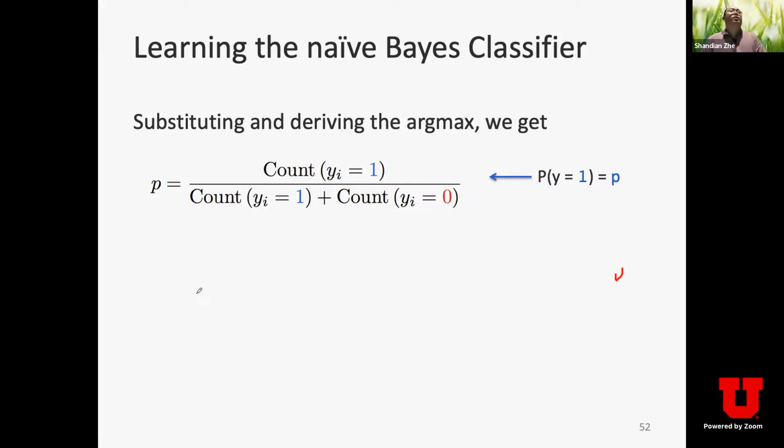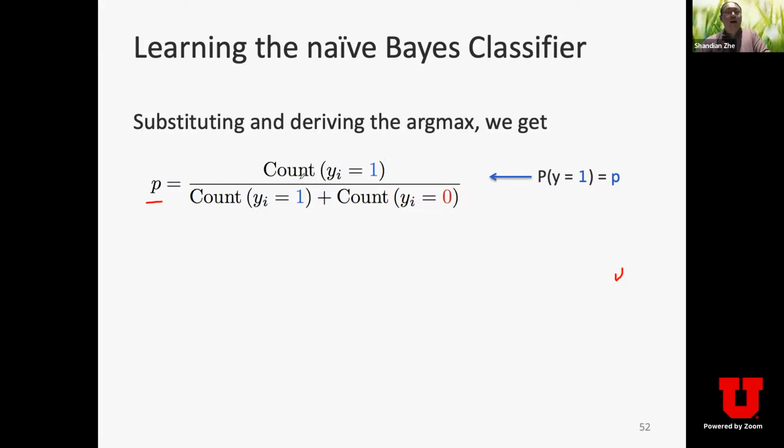Here are the results. We're not going to show you how to do that, because it's really, really straightforward. We just want to give you the conclusion. So the optimal p is just the ratio of positive labels in the data.